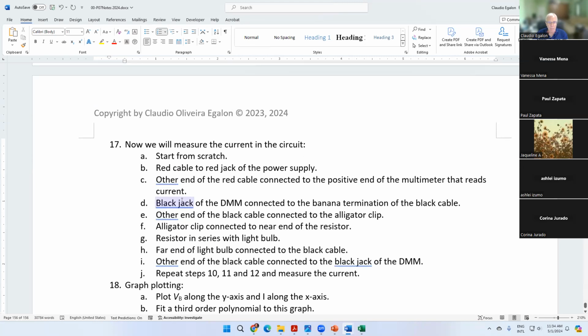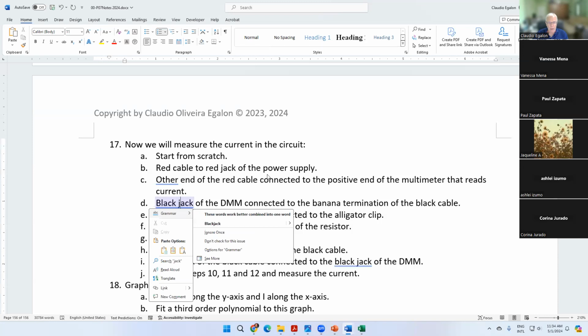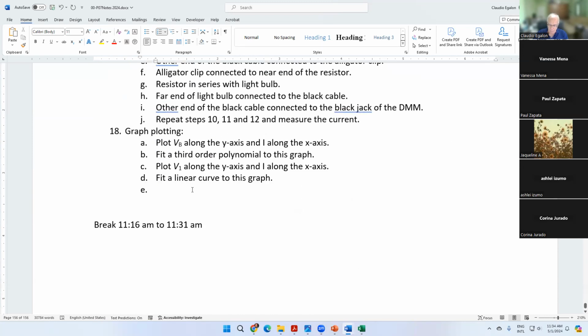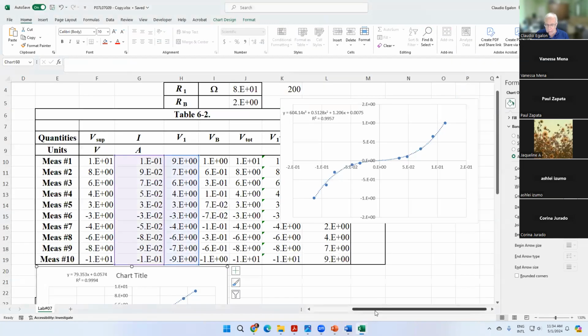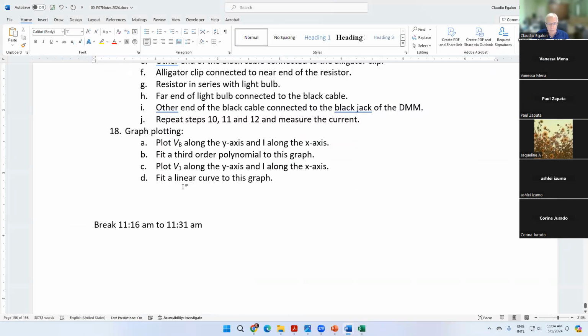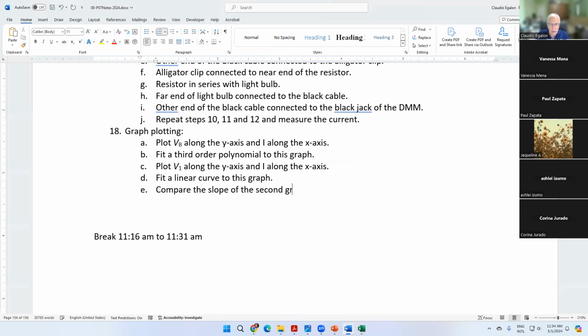Plotting. Okay. And what we can do here, ideally, is compare the slope of the second graph with the resistor value.